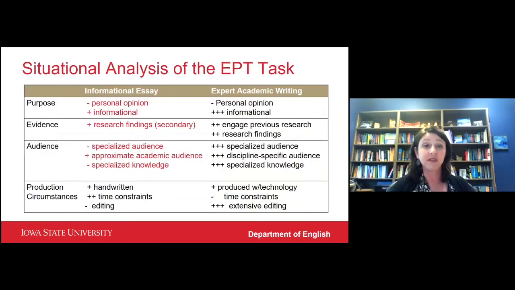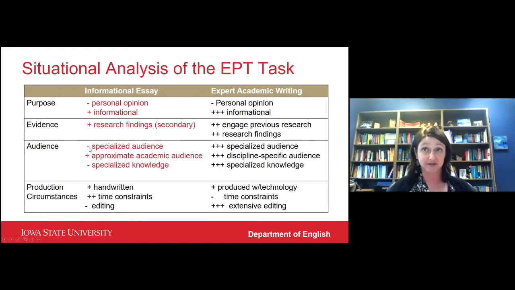Okay? So if we compare now the task in this other version of the corpus where they wrote an informational essay, we see a lot more alignment between our target register and the texts that are in our learner corpus. So now they're not giving their personal opinions, but rather they're conveying information that they have summarized from the chart that they were provided.